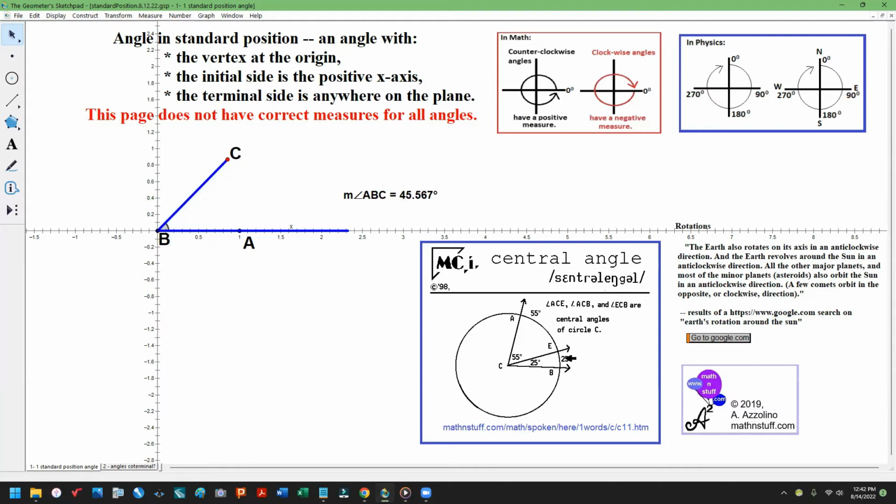Angles like this look a lot like central angles, where the center of the circle would be at the vertex. The central angle and the arc it intercepts are the same measure.